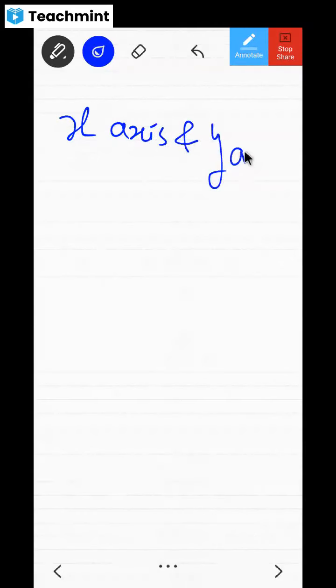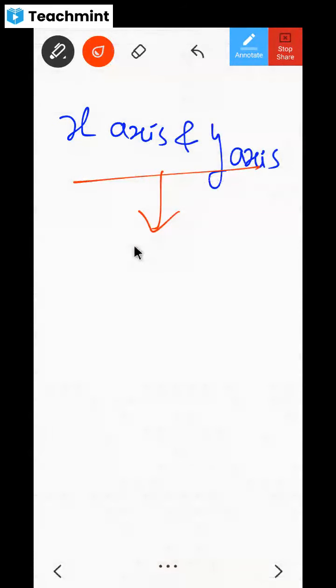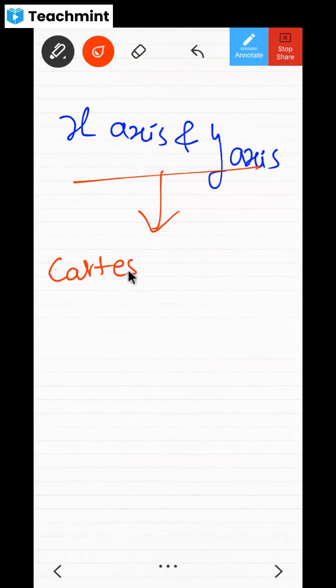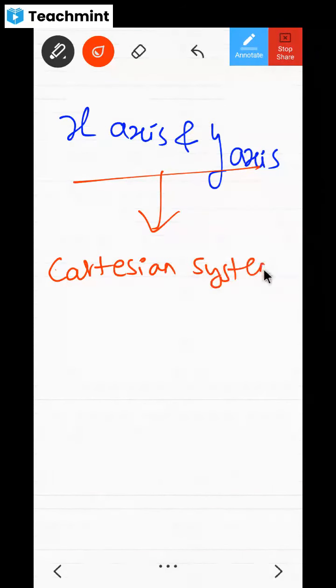Now this x-axis and y-axis, that horizontal line and vertical line, together are called a Cartesian system. What is the name of this, dear children? This is called a Cartesian system. Cartesian system means two lines are perpendicular to each other.